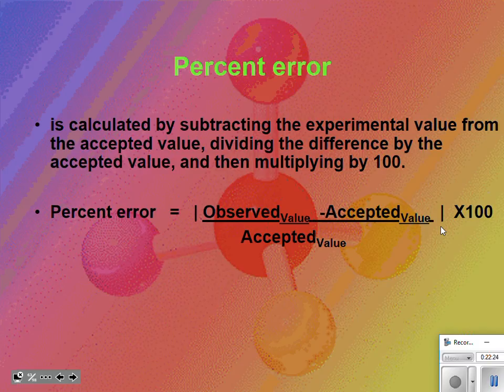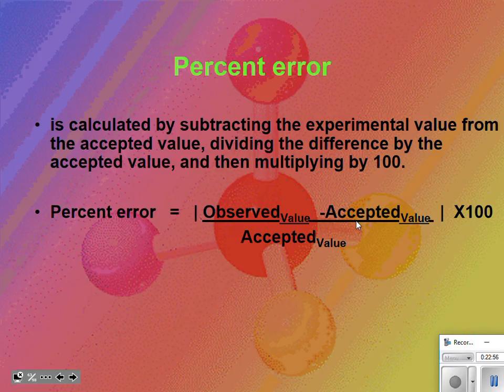If I get a plus or I get a minus, it tells me whether I was above the accepted value or below the accepted value. And it allows me to try to help determine where my error was. So if I get a negative number, that tells me that my observed value was less than the accepted value.